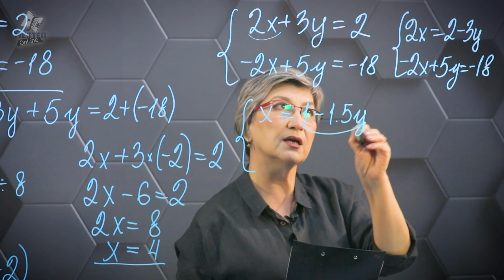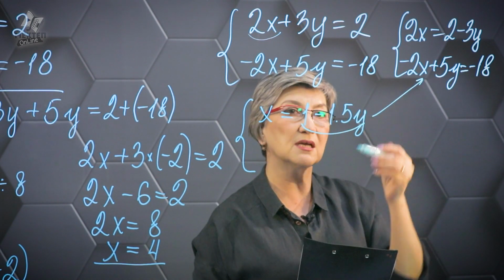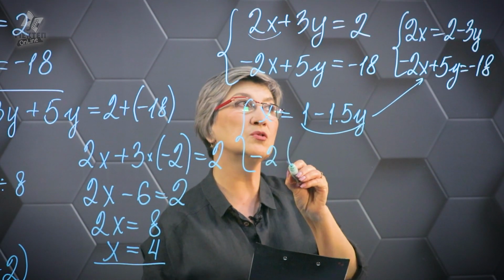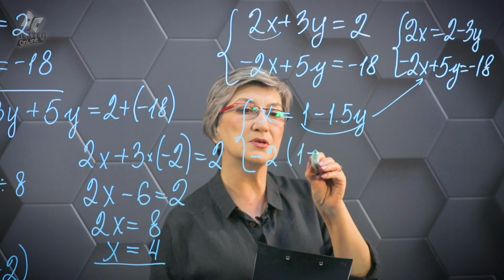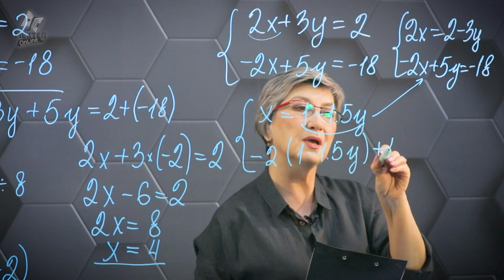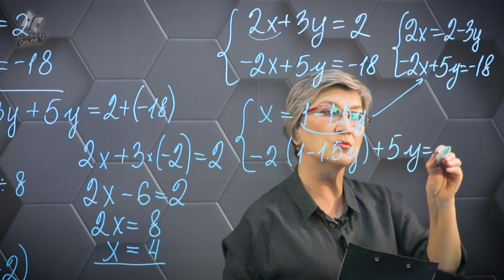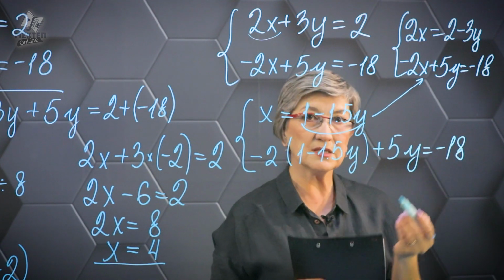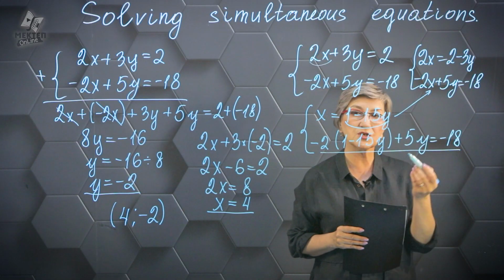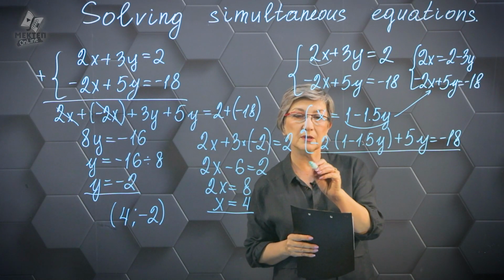And then I'll substitute that expression in place of x into the second equation. I get minus 2 times, instead of x, I write, 1 minus 1.5y, plus 5y equals minus 18. Let's not write down the system, but solve the equation. The resulting equation. Let's open the parentheses.